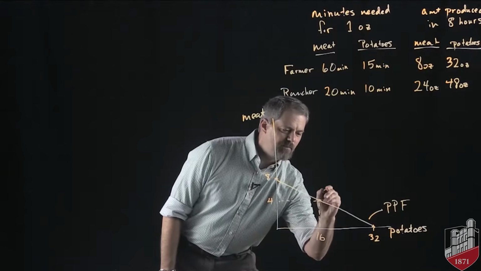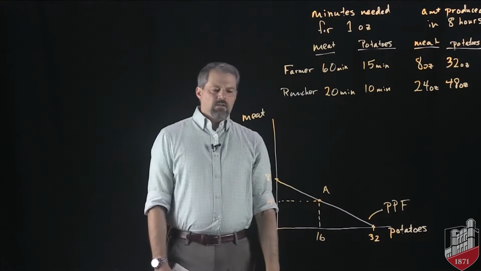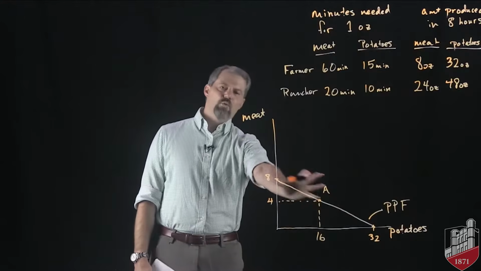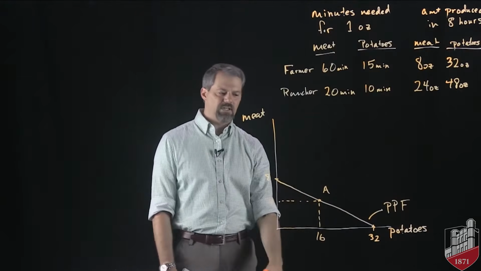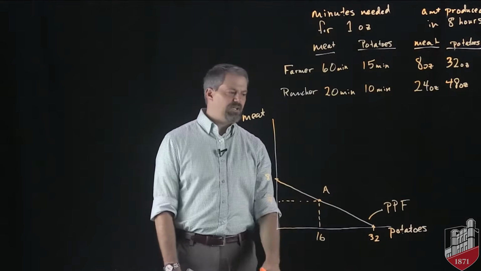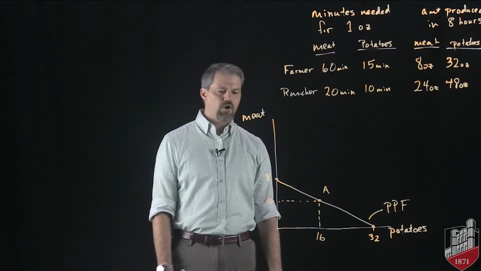Let's label that point A. Now that's just an arbitrary choice, and it doesn't really matter which point we start with. We just need a starting point, and that's a convenient one. So we're going to think about that as being the starting point for our farmer.